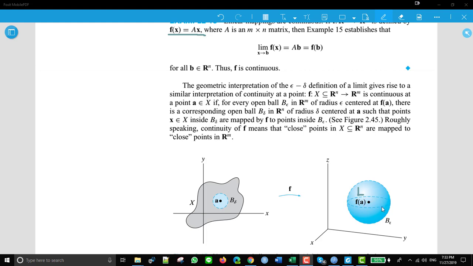So anyway, we draw a sphere around L, and then we say, can we find a disk around a such that everything within this disk gets mapped to something inside the sphere.